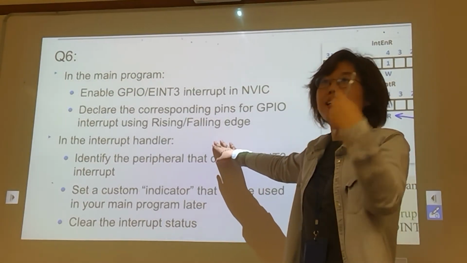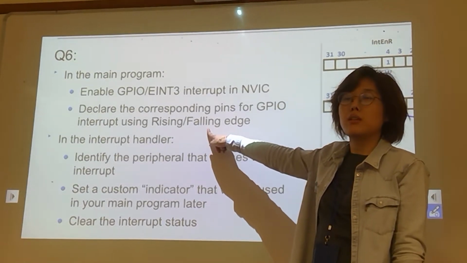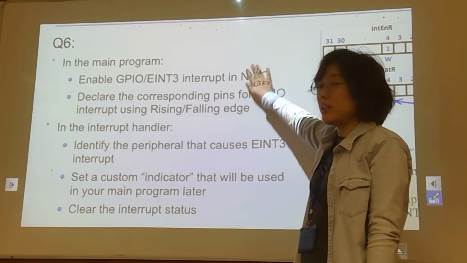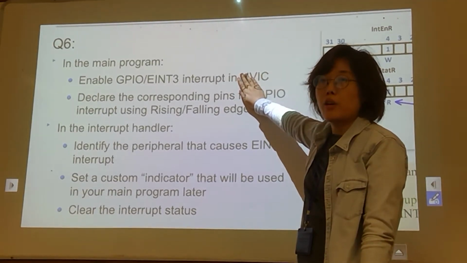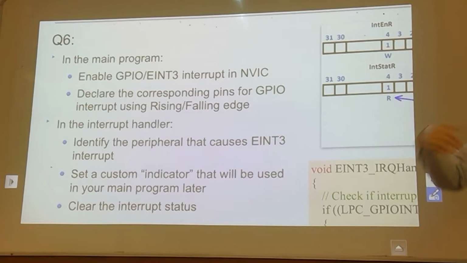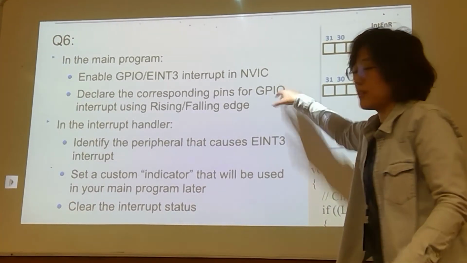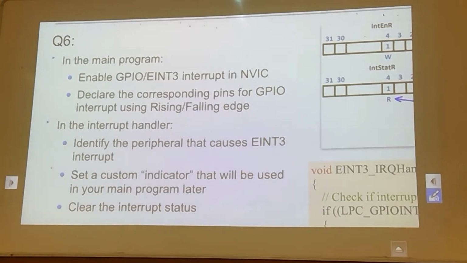And you also need to declare whether you want to use the rising edge or the falling edge. These are settings. You need to have this before the actual program starts to run. So these are the setup. I write it here, setup.